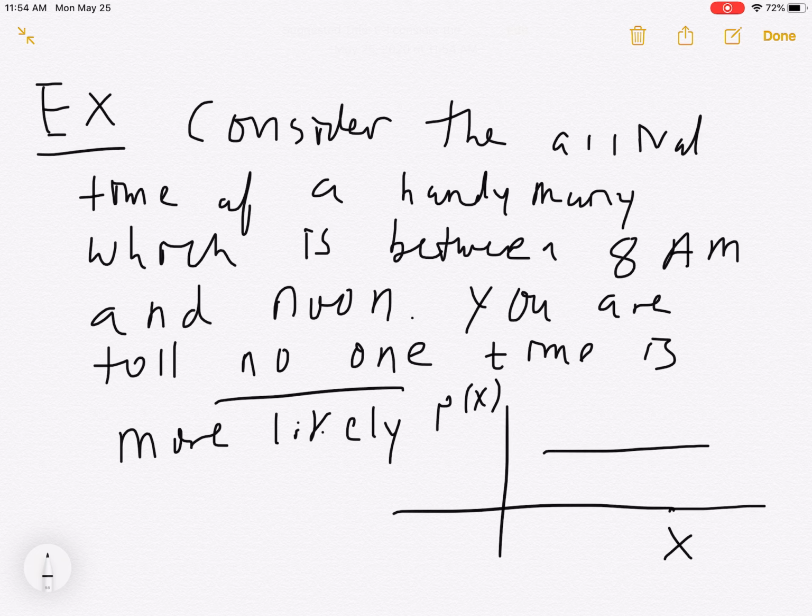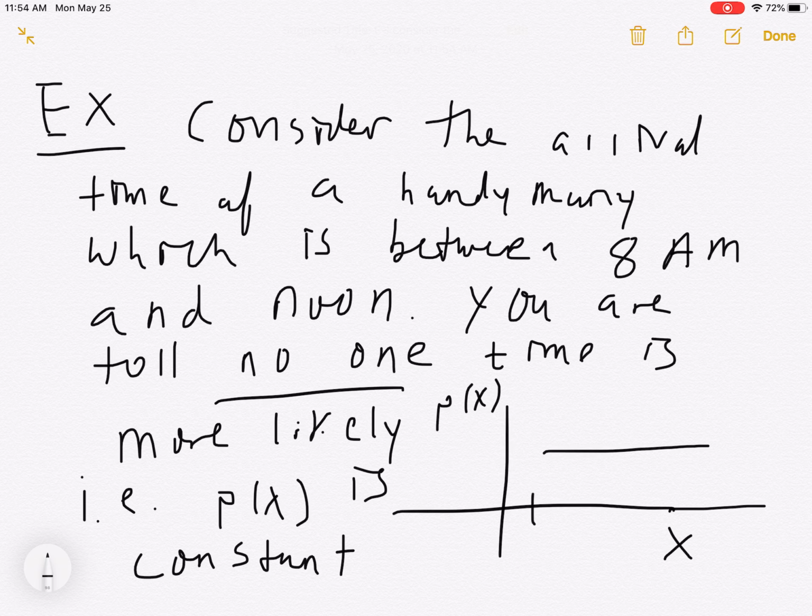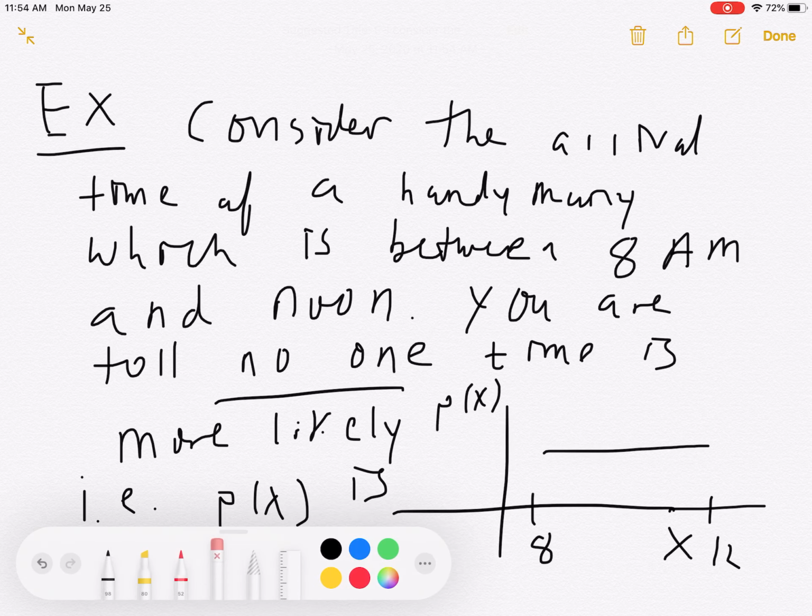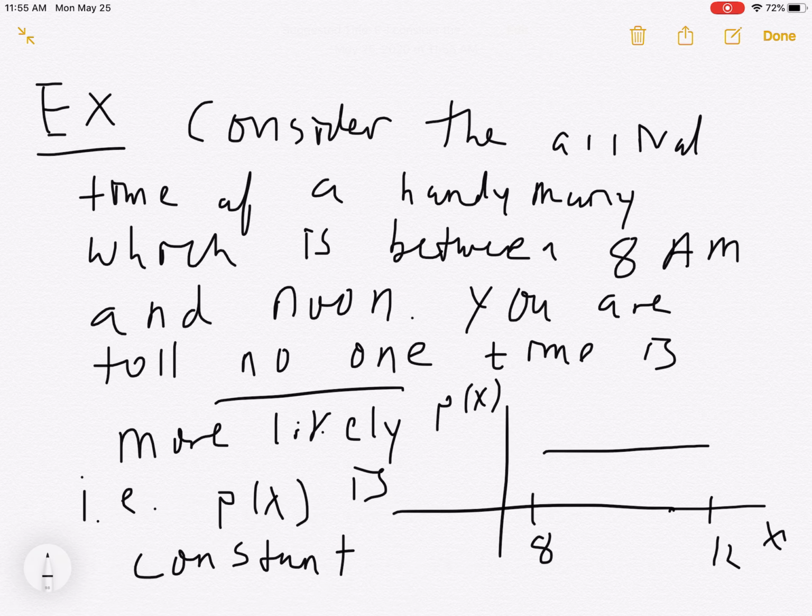It's just a flat line. So probability is constant, i.e. p of x is constant. And the arrival time is between 8 and 12. So let me move that x so it's out of the way.